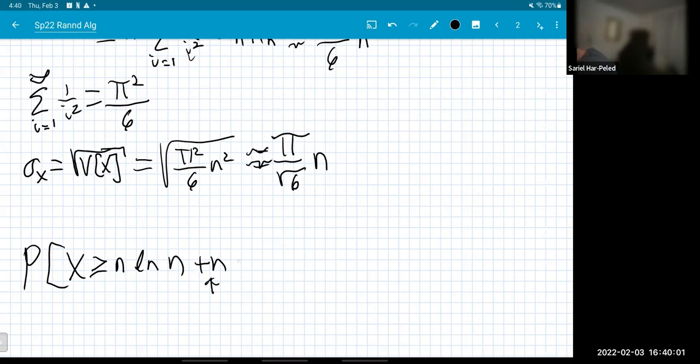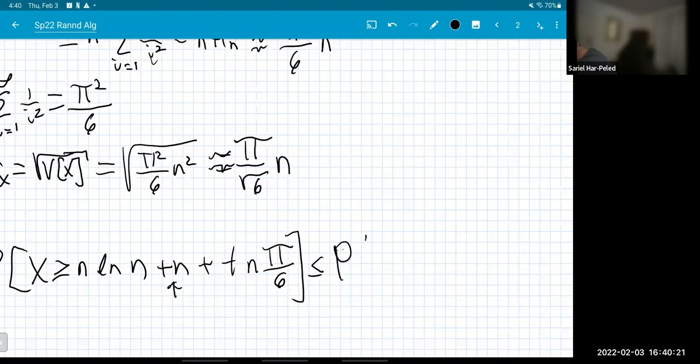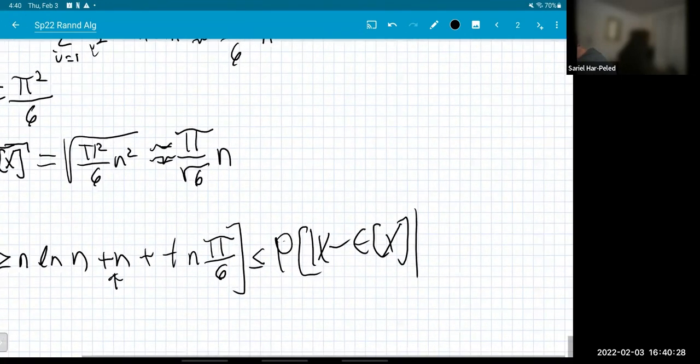And then we take t times the standard deviation, so t times n times pi over square root of 6. Let's apply Chebyshev inequality. It says that the probability of x minus expectation of x being larger than t times the standard deviation is smaller than 1 over t squared.